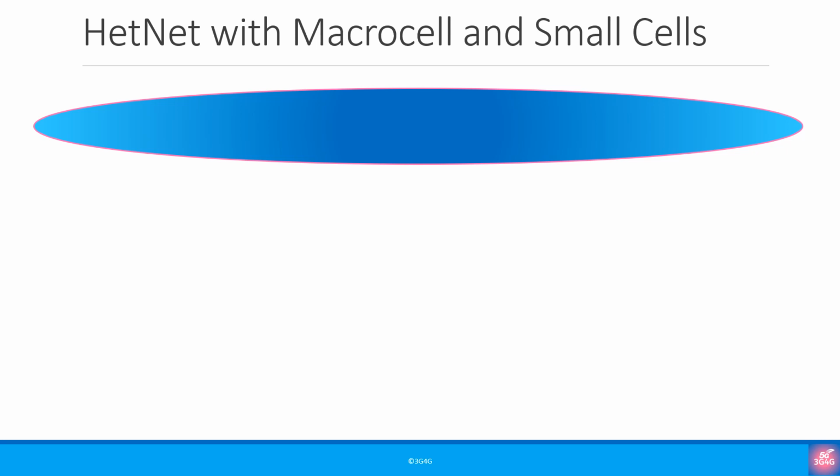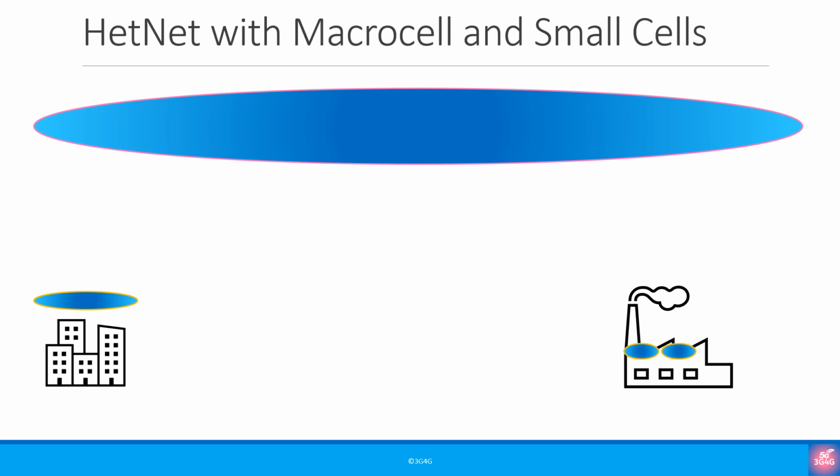Let's say we have a macro cell covering a large area as it should. Let's say there is a business park that is on the edge of the cell. They have poor coverage, so the operator deployed a micro cell here. Now let's say there is a factory. While there is good coverage outside, there is very poor coverage inside.